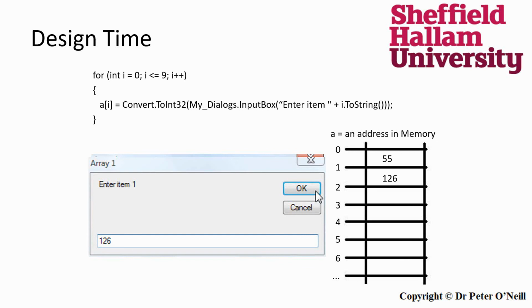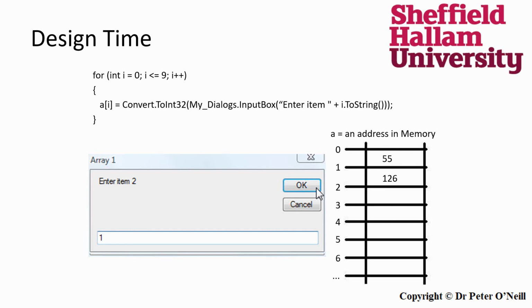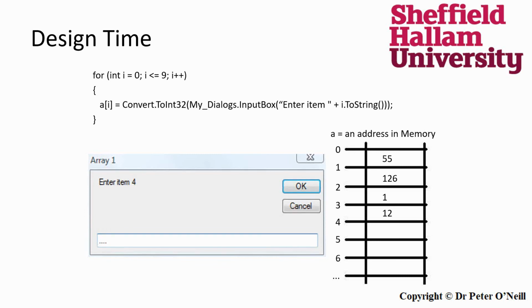Then we enter a 1 at the offset of 2. Then we enter 12 at the offset of 3. And then 4, and so on. Okay? And it will go right round to 10. And you can see that in arrays examples number 1, again, available to you on Blackboard.